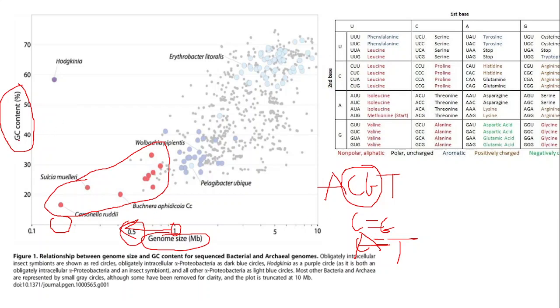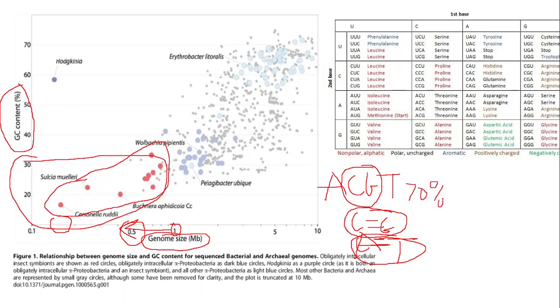GC content refers to what's the percentage of G's and C's in your DNA versus your A's and T's. And these organisms, you'll see, have low GCs. So if they only have 30% GC, that means they're 70% A's and T's.